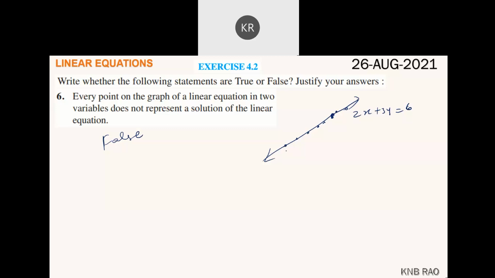Solution of the linear equation in two variables. He says does not. Every point on the graph of that linear equation will be a solution of that equation. So that's why it is false.